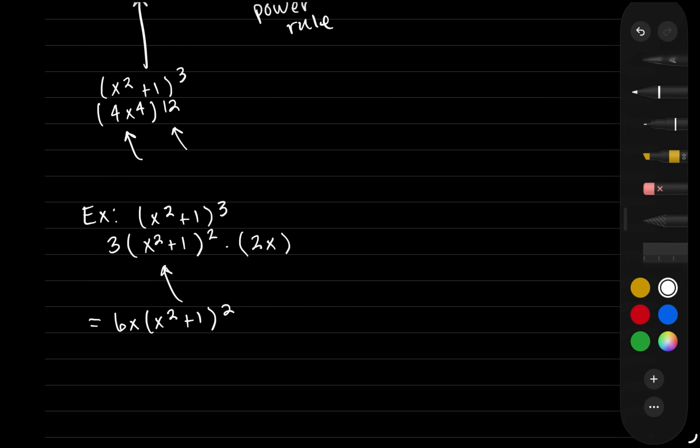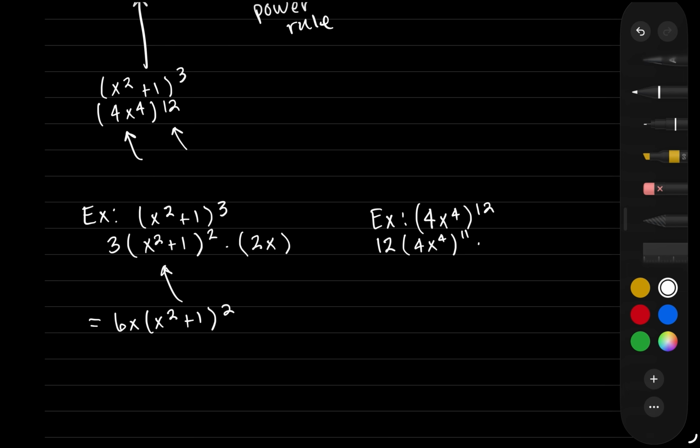Okay? Let's try another one to drive the idea home. Let's do our second example we have up here. So we have (4x to the 4th) raised to the 12th power. Again, we're just going to do that power rule first. Bring that 12 down in front, keep that inner function exactly the same, and then subtract 1 from that exponent.